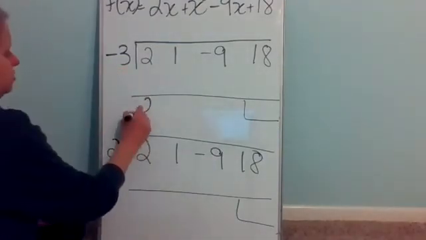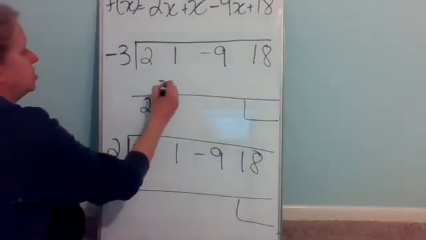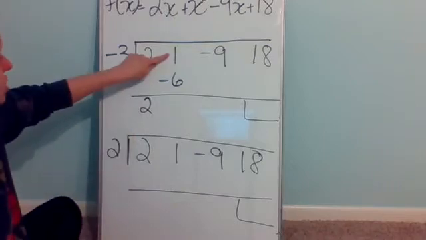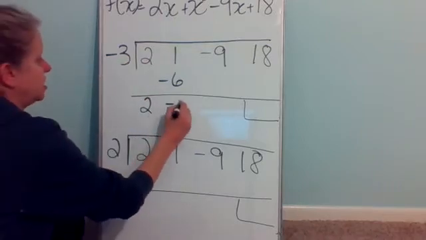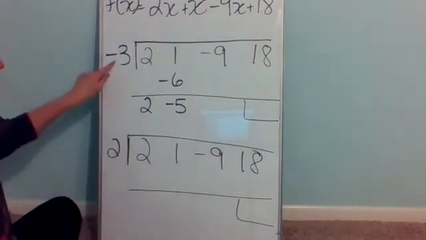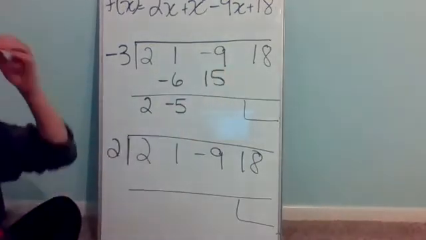Just drop down your 2. And then do your multiplication. Negative 3 times 2 gives me negative 6. Add this straight down. 1 and negative 6 gives me negative 5. Multiply. Negative 3 times negative 5 is positive 15.